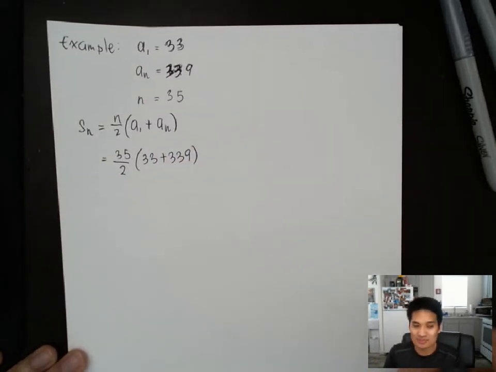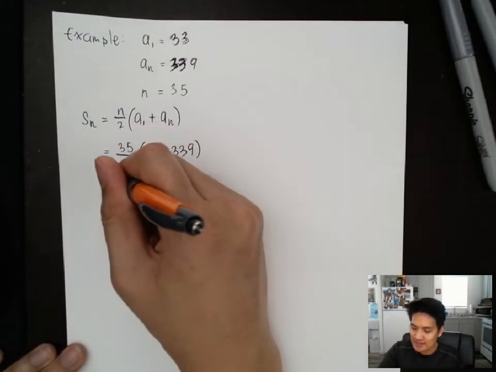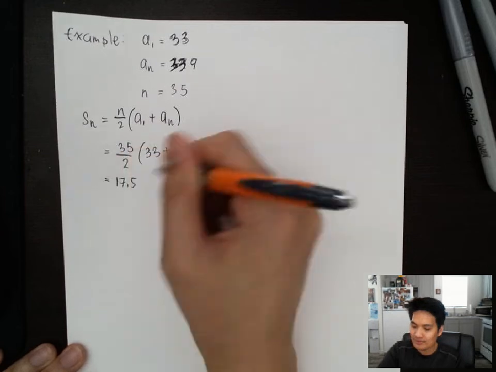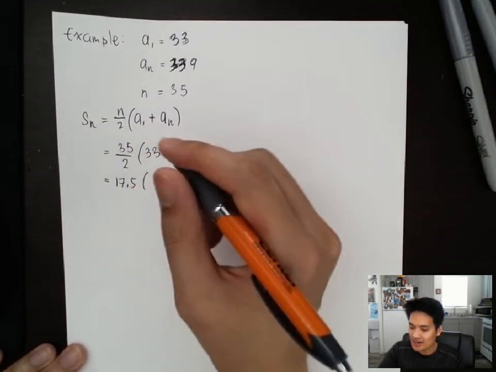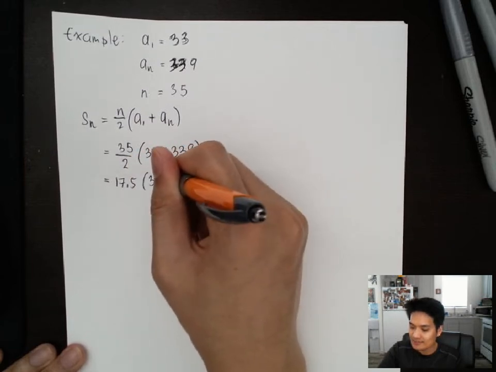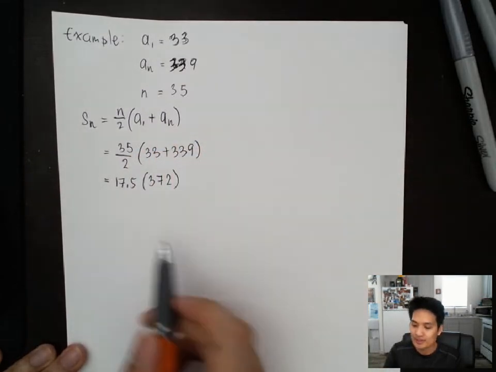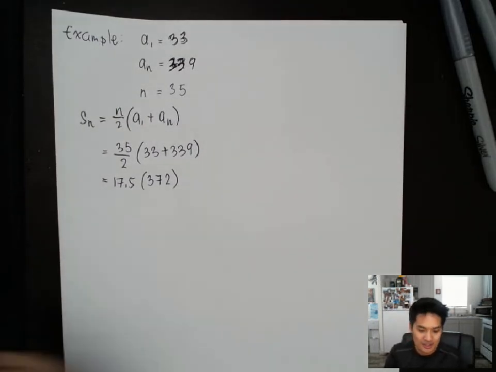Right, got some large numbers here. So in this case, this would give us 17 and a half times 33 plus 339. So it's going to be 372. Right. So multiplying these two together, let's do some quick calculations here.